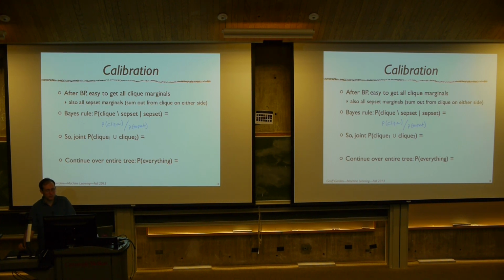And now suppose that we have an edge, like clique 1 to clique 2 with a subset on it here.